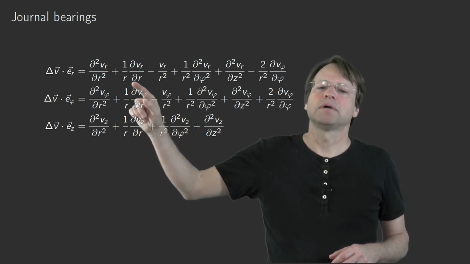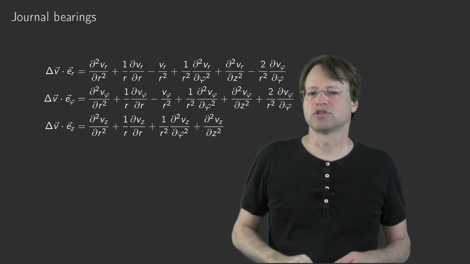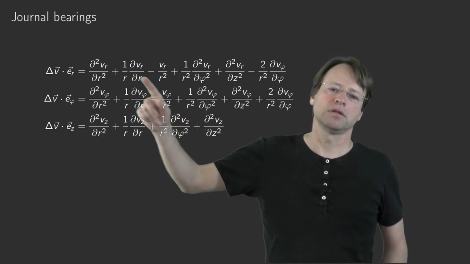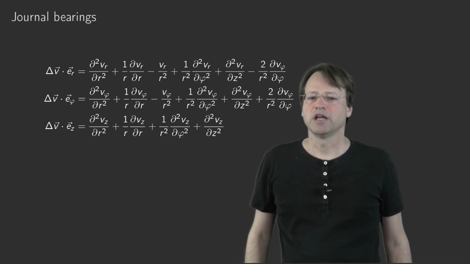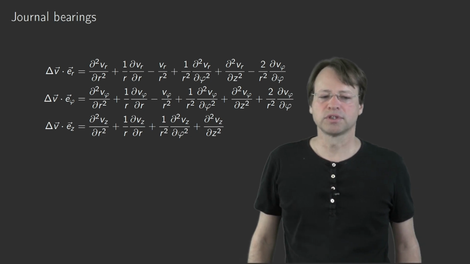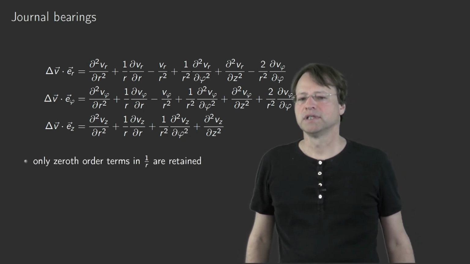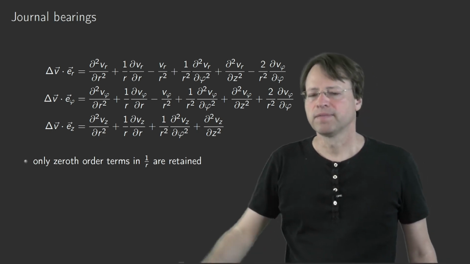So 1 divided by r is already small, 1 divided by r squared is even smaller, and then there are terms of 0th order in 1 divided by r. And what we retain, in a first step, is just terms of 0th order in 1 divided by r. So which terms do we retain?